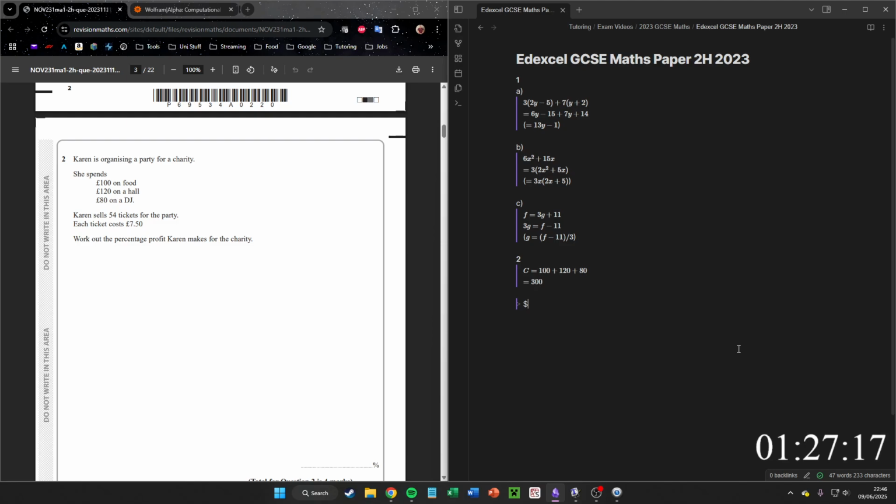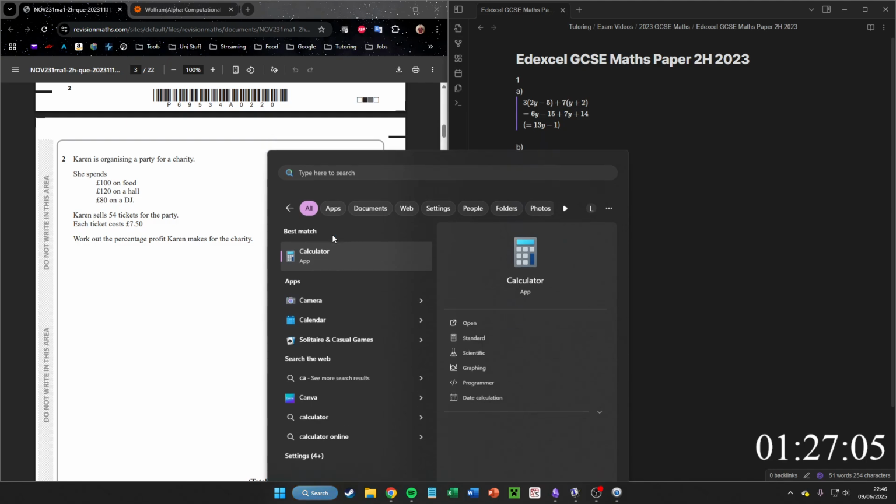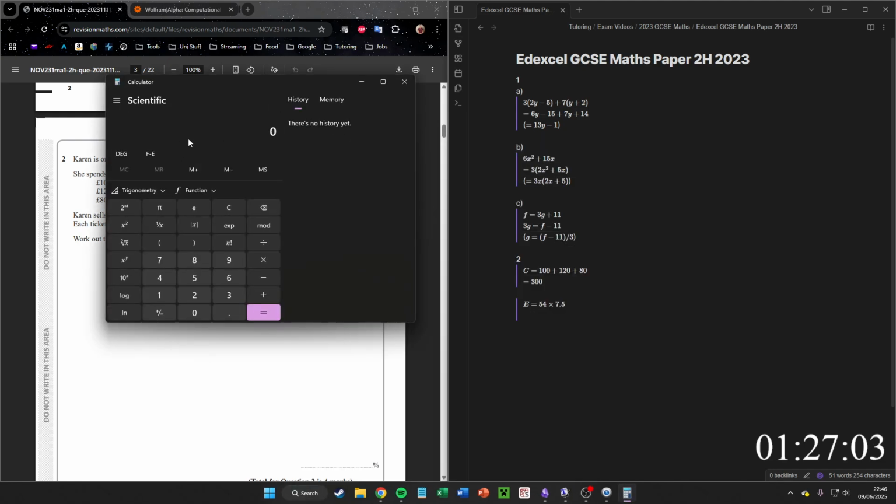So C for cost, 300, and then I will do E for earnings, 54 times 7.5. I really don't need Wolfram Alpha to be able to do that, so I'm just going to use the calculator on here. 54 times 7.5 is an earnings of £405.